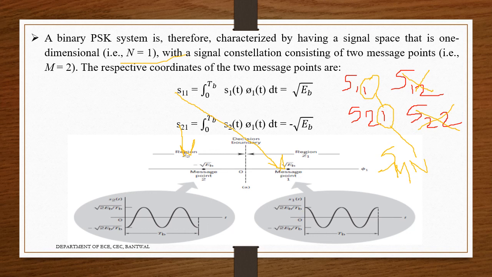This is the local reference, here also local reference. The square root of EB and minus square root of EB, this is for symbol 0 and this is for symbol 1. That is what we represented here, and it is a decision boundary. If it is greater than 0, that is message point 1. If it is less than 0, message point 2. You can observe here how message point 1 is starting.